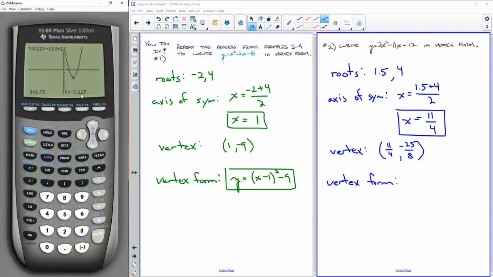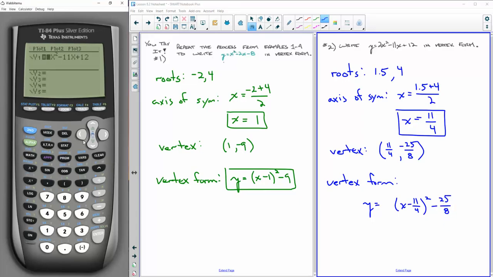Yeah, there it is. That's the -25/8, right? So vertex form should be what? Y equals x minus 11/4 squared. That's a translation, 11/4 units to the right, minus 25/8. That's a translation, 25/8 units down.